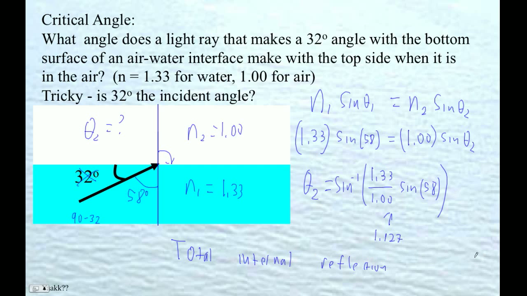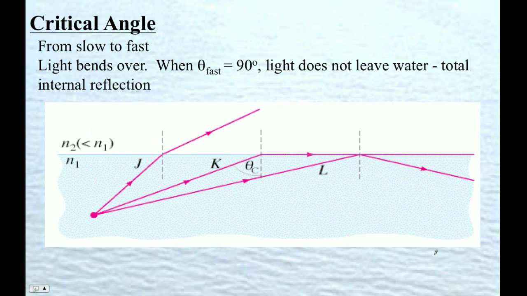What that means is there's some angle, probably less than this 58 degrees, that it would actually reflect at. What's going on here is that if you shine the light at this angle, it bends like that, but at some critical angle like this, the refracted angle is 90 degrees.